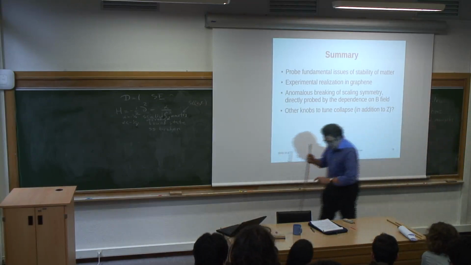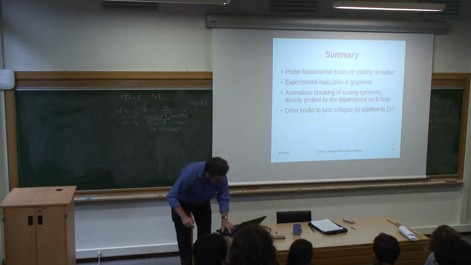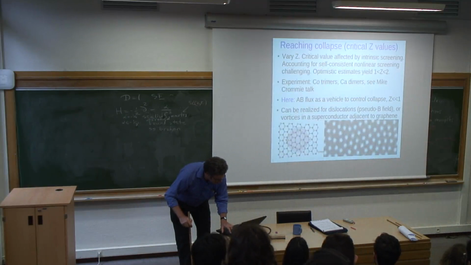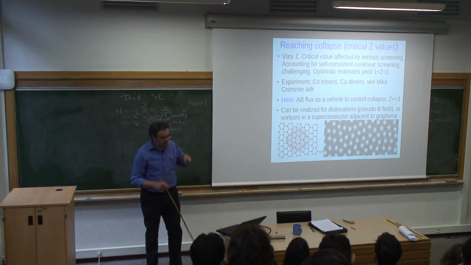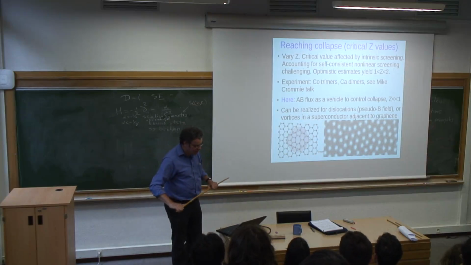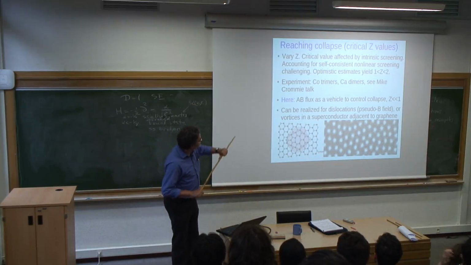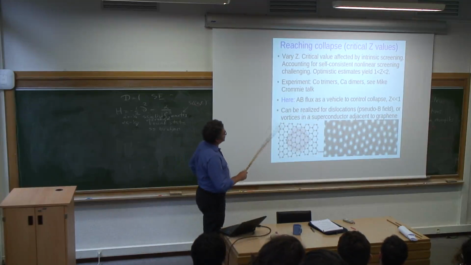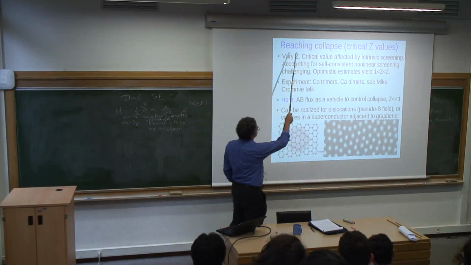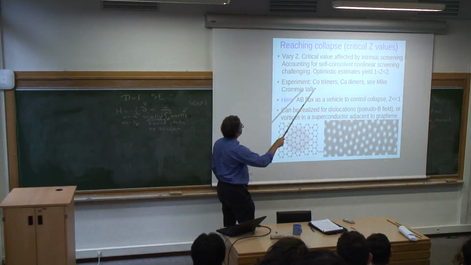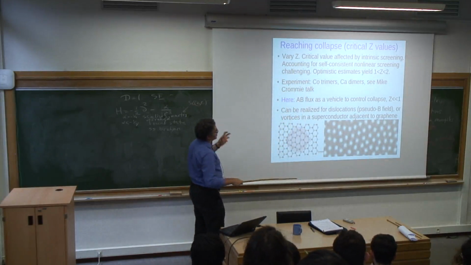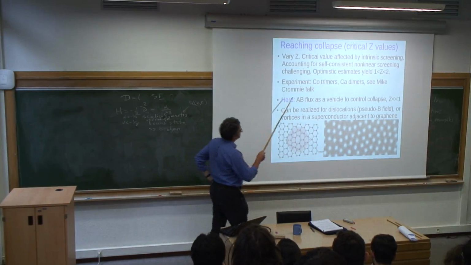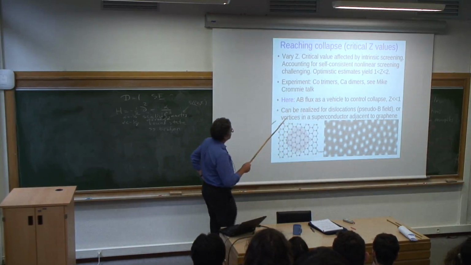Okay, so I need to move on. Since there was this question, we thought about whether we can access collapse in some other ways, and let me just show you one thing. There was a long debate about the threshold for collapse if you vary nuclear charge, and then there are these experiments with clusters made of charged impurities that we talked about.